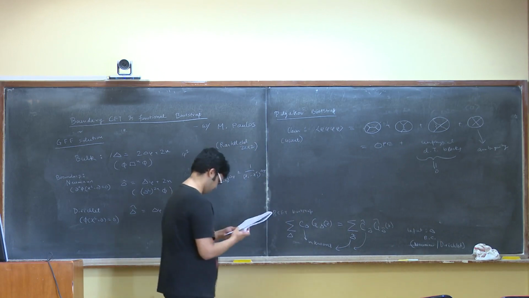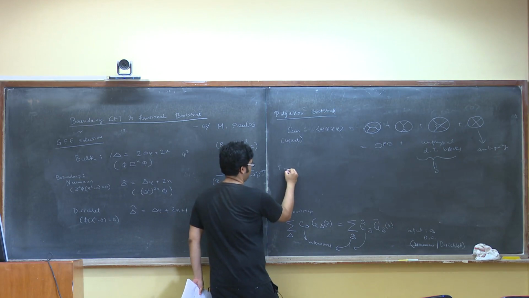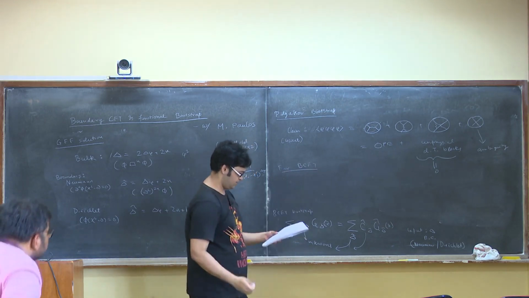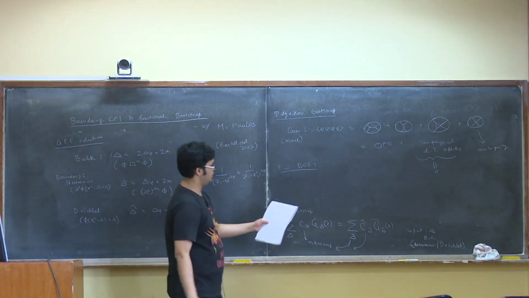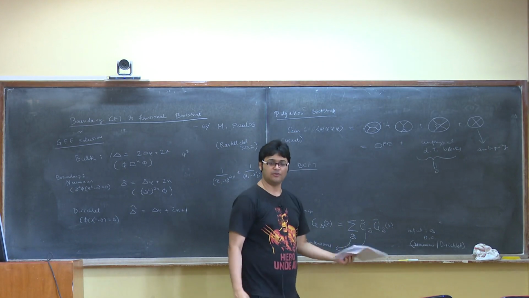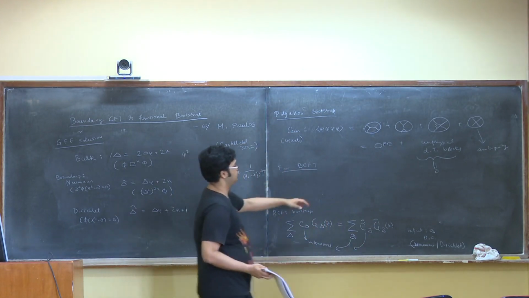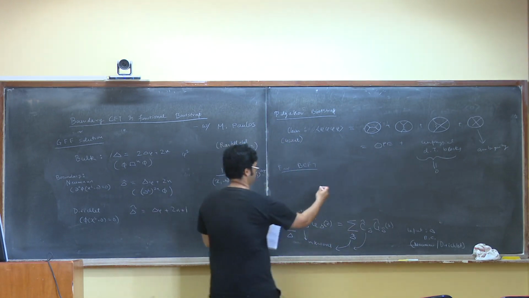For boundary CFTs, for BCFT, we need to do this whole thing. We need to write down tree-level Witten diagrams, equivalent counterparts of these.